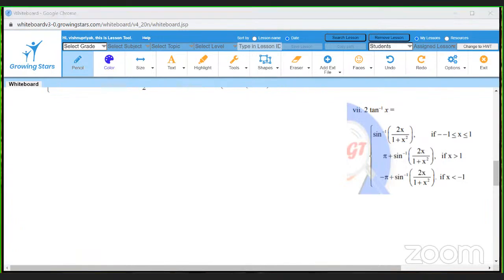Okay. So now we will see how to approach to solve the problems of inverse trigonometric functions. You have to convert the given function in standard form of inverse trigonometric function. Then yesterday I gave you the domains of every inverse trigonometric function, so you have to see the domain.